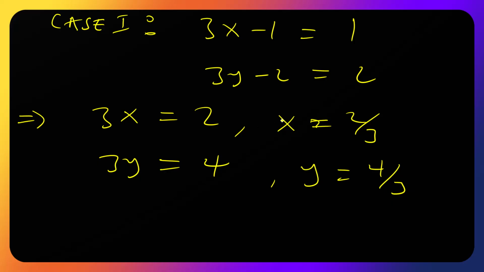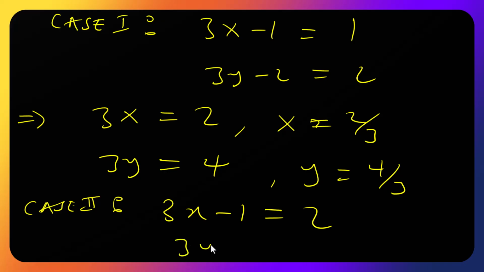Now, let's look at the next option. That will be case 2, which will be the opposite. So 3x minus 1 equals to 2, then 3y minus 2 equals to 1. So we have 3x equals to 3, therefore x equals to 1.